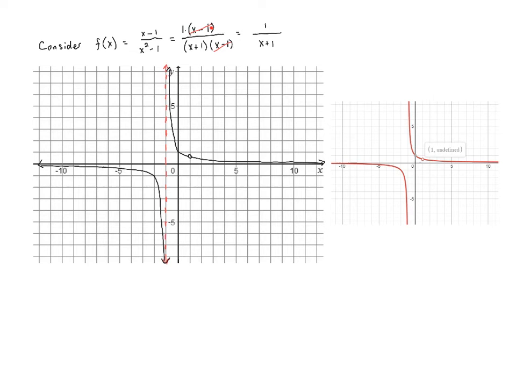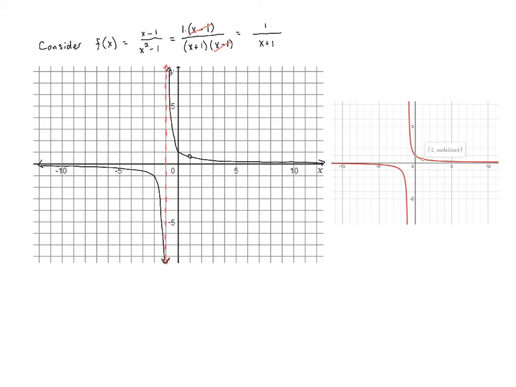But because this factor also exists in the numerator and we can cancel it out, this doesn't end up giving us an asymptote. It gives us something that you'll learn in calculus is called a removable discontinuity. And so it's just a little hole in the graph.